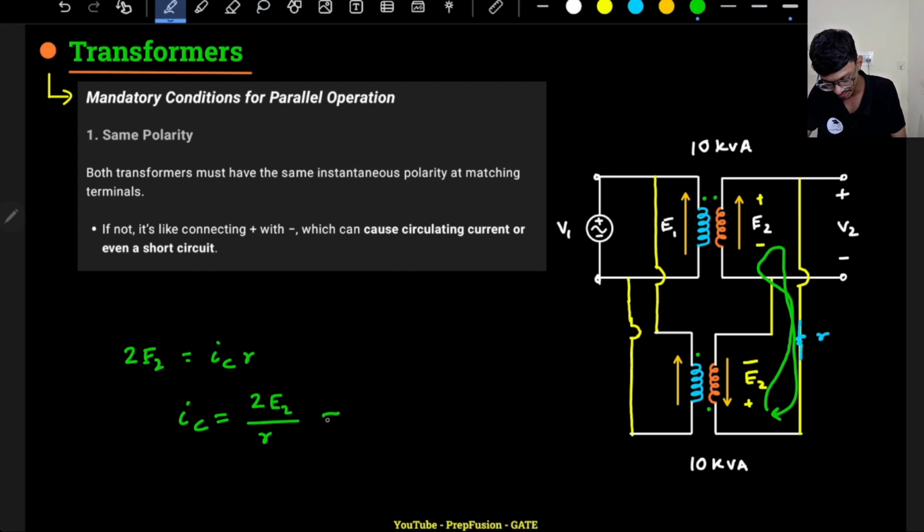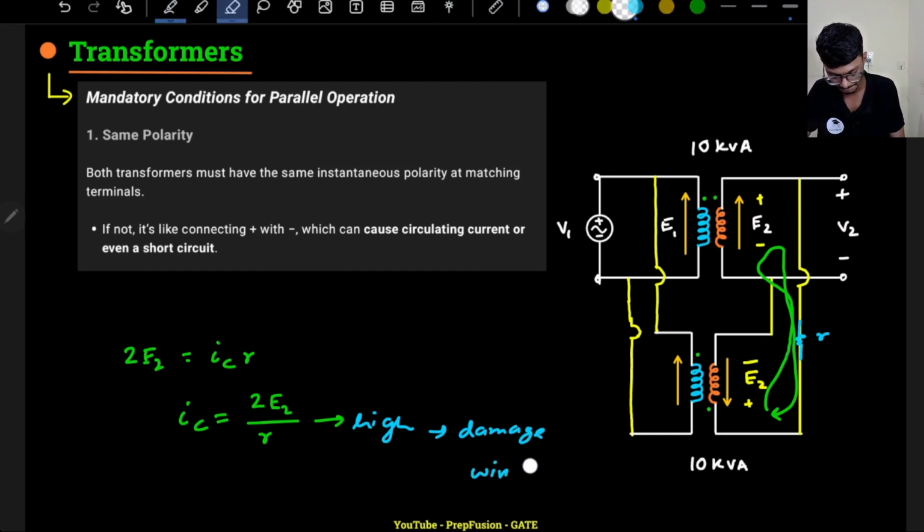So I is very high, right? And this is very dangerous. A high circulating current flowing through the winding can damage the winding, because my winding is not rated for this high amount of current. So that is the problem actually.